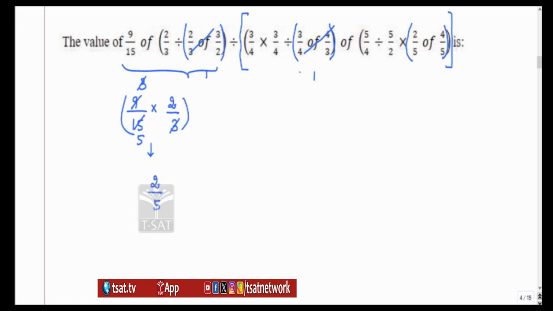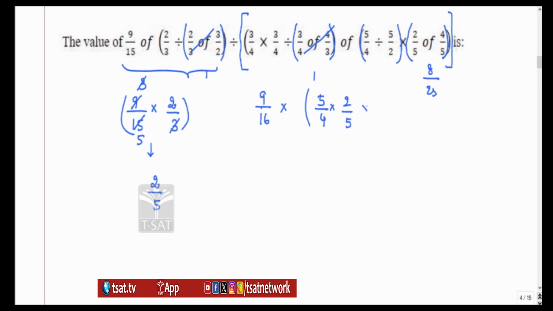Now, within the braces you see here, this is anyway 1. So, 3 into 3, 9 by 16. Of means into. Now, see here, this is 5 by 4. Eight by 25, 5 by 2 means give priority to division. 5 by 4 into 2 by 5.